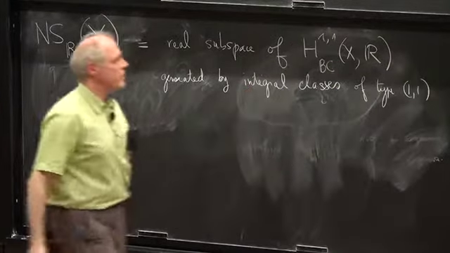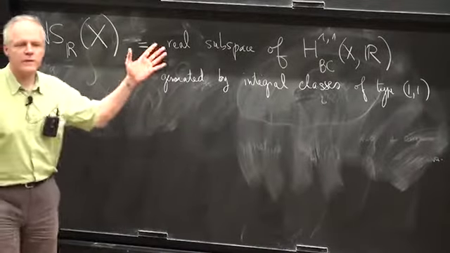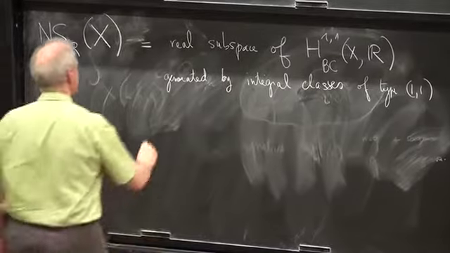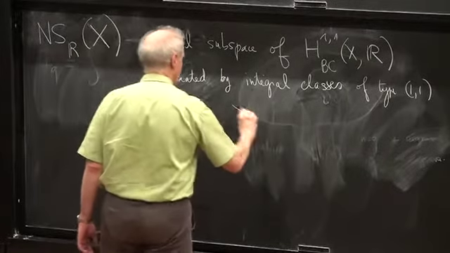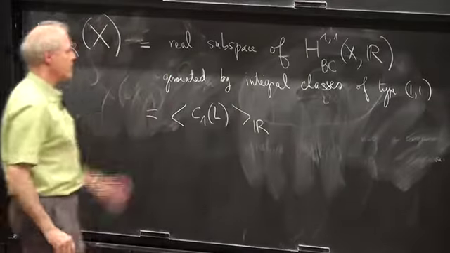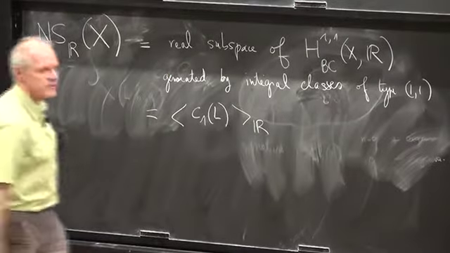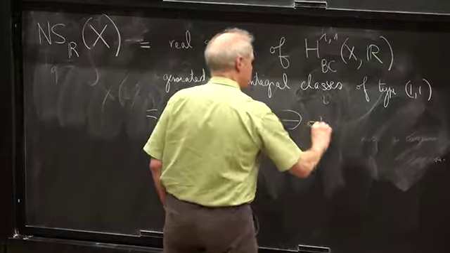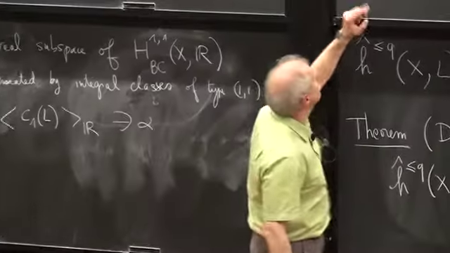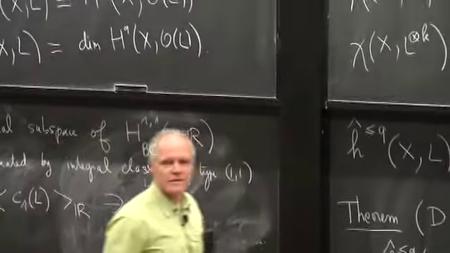By a standard theorem of Weil, this is the same as the Chern classes of holomorphic line bundles. So this is the same as the vector span over real numbers of the Chern classes. Okay. And now you pick an element alpha in this vector subspace. And now the question is, you would like to define a function on this.